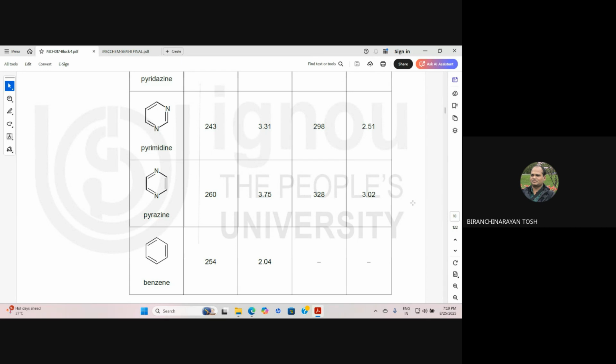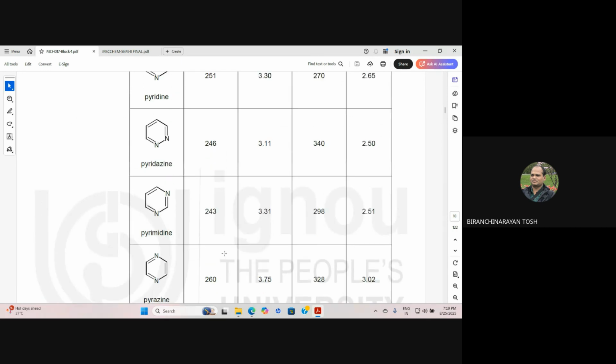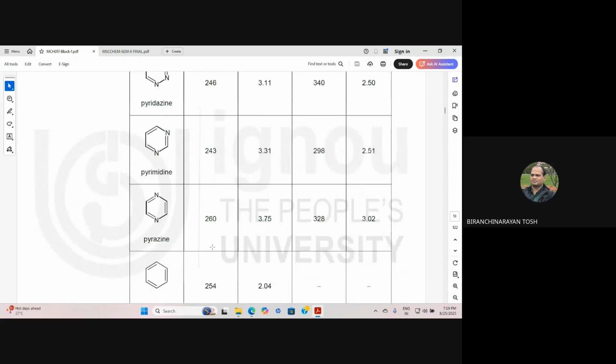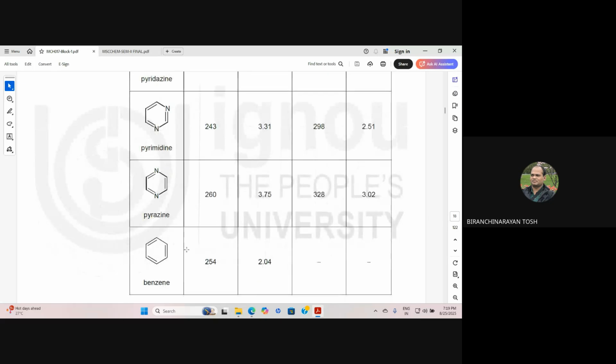And for benzene, there is only the pi to pi star transition; there is no n to pi star transition. It occurs at 254.